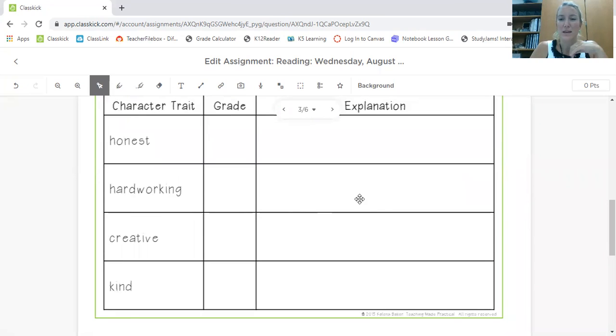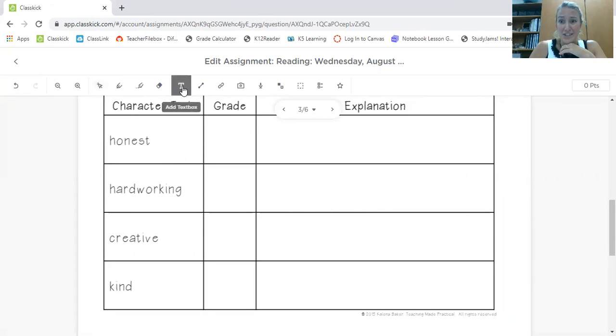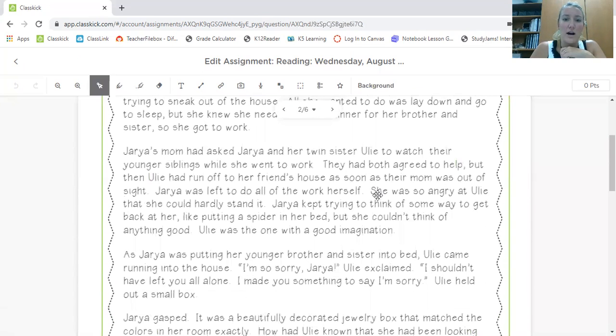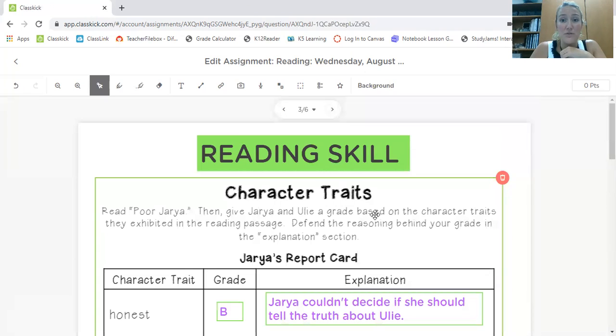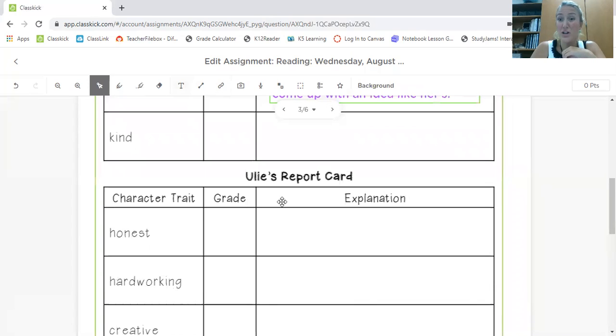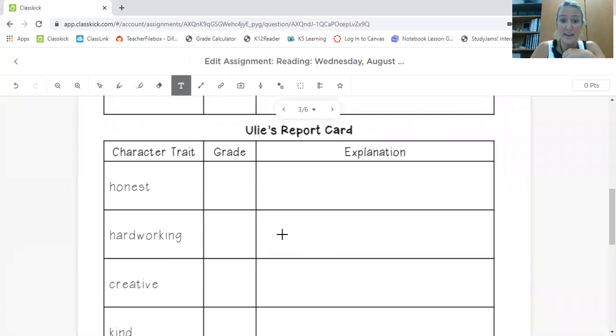Now let's think about her being hardworking. Did she work all day? Did we see any evidence in there? Let's see what she did while Jarya was working at home. Yuli had run off to her friend's house. So she ran off to her friend's house. So that probably doesn't mean that she worked very hard during the day if she was playing.